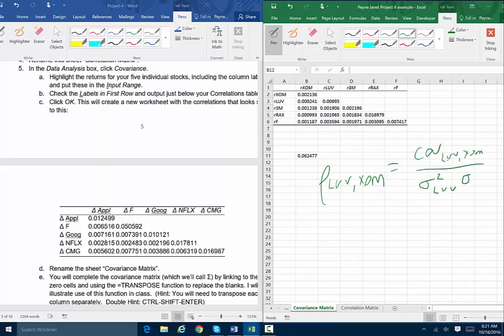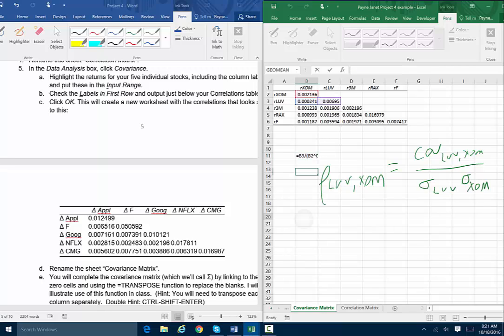I said variance, I meant standard deviation. Okay? And that's what this cell has in it. Come over here so you can see what's in that cell. And you can see that that's the same.